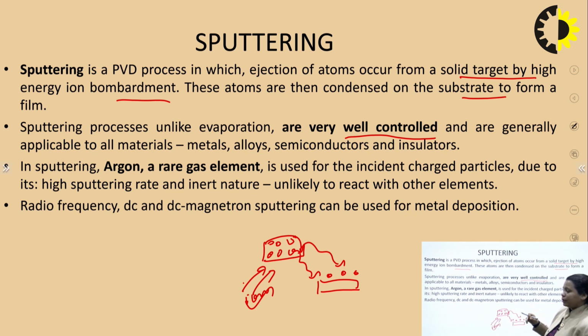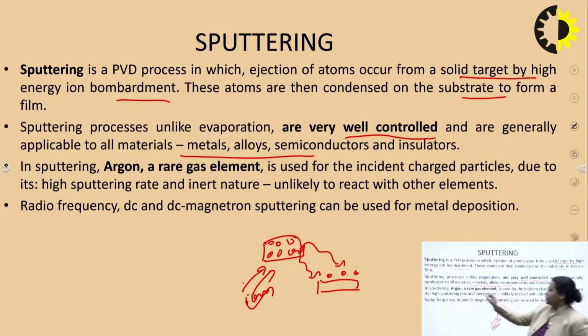Only when the process stops does the vapor stop. Otherwise it is not a controlled process. But here it is a controlled process, and it is generally applicable to materials like metals, alloys, semiconductors, and insulators.